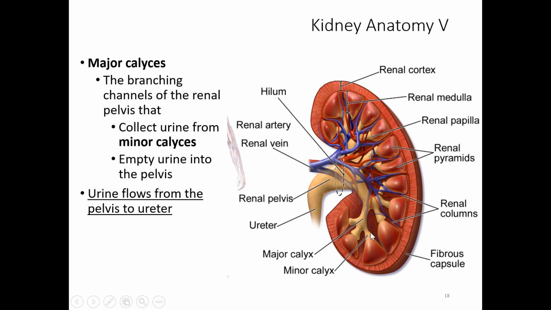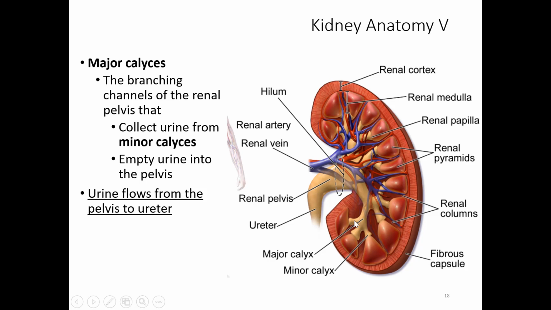Now, it's a different picture again. It just shows you minor and major calyces better. So that's one of the kidney pyramids. That's the papilla on the top of it. And urine first goes from here through the papilla into the tiny tubes called minor calyces. So that's a minor calyx, that's a minor calyx, and that's a minor calyx.